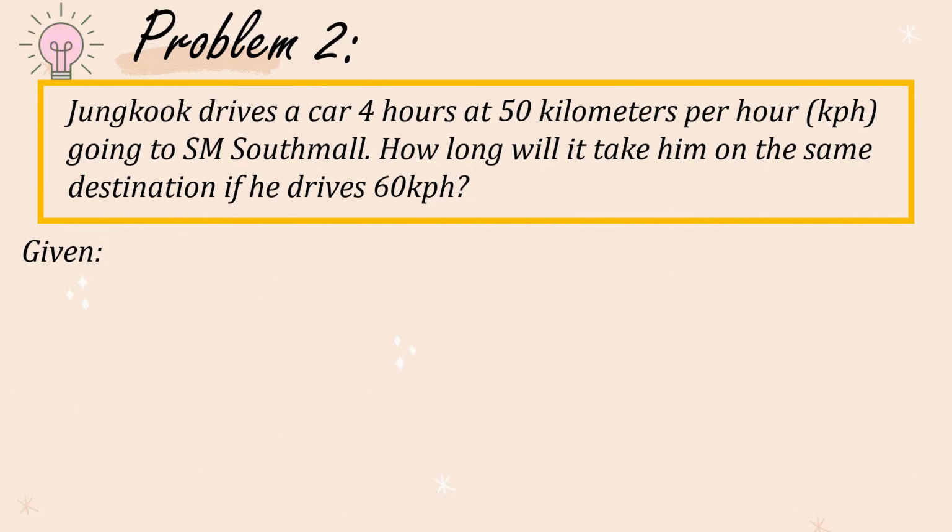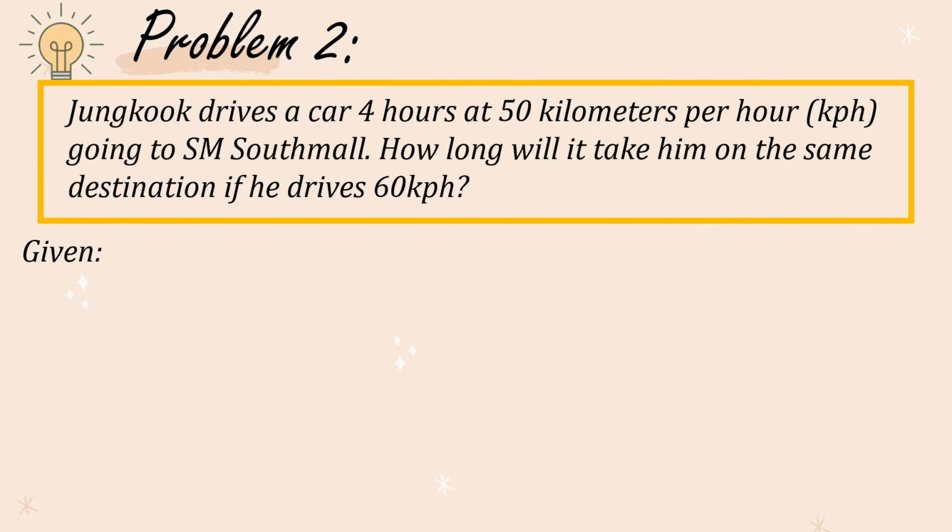So in this example or in this problem, what are the two variables present? We have 4 hours and 50 kilometers per hour. 4 hours is the time because of the word hours. And how about 50 kilometers per hour? Saan nyo ba itong naririnig? Very good, sa science.